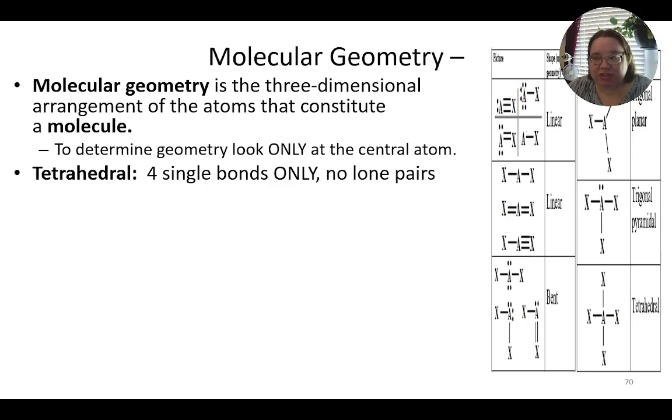First one is tetrahedral. It is probably one of the easiest to recognize. A tetrahedral shape requires 4 single bonds only. It has no lone pairs, no dots around that central atom, and it has 4 single bonds coming off of it. So in my little graphic, that A could be anything. It could be carbon, silicon, any element.